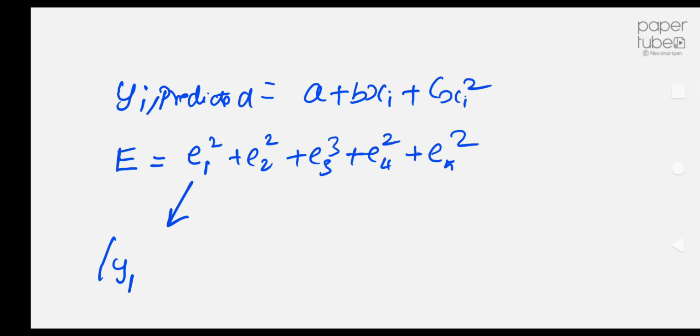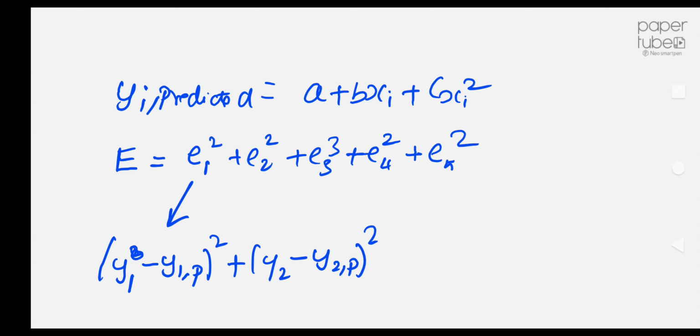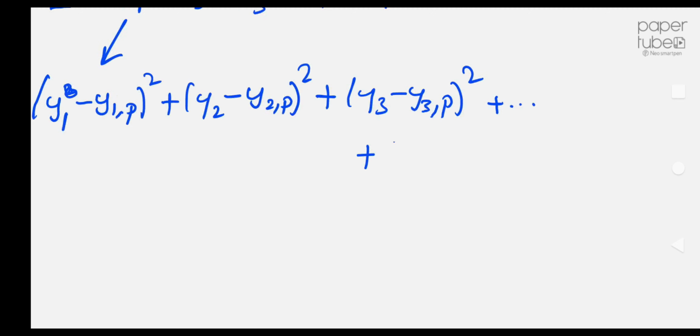That's y1 minus y1 predicted, the whole square, plus y2 minus y2 predicted, the whole square, plus y3 minus y3 predicted, the whole square, until y5 minus y5 predicted, the whole square.